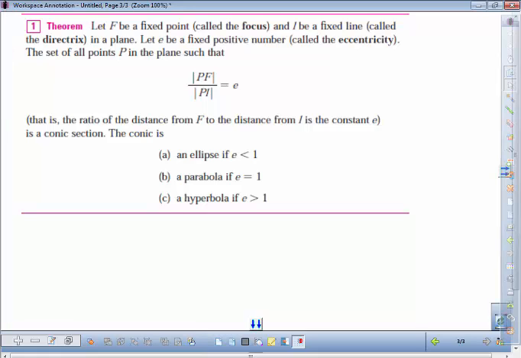I guess since we've dealt with fixing a point and finding distances from the focus to a point and the point to the directrix, maybe we should talk about a parabola first. So we're looking at the ratio between them, and they want the ratio to be constant. And if the ratio is constant, then depending on what e is equal to, or depending on what this fraction is, that's going to define what kind of shape your graph is.